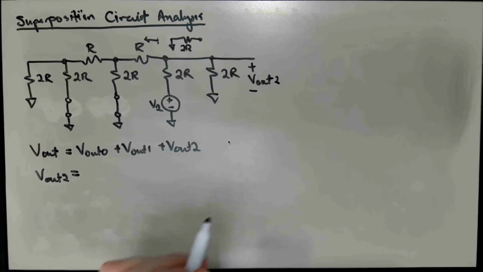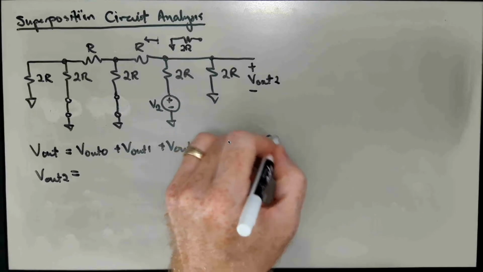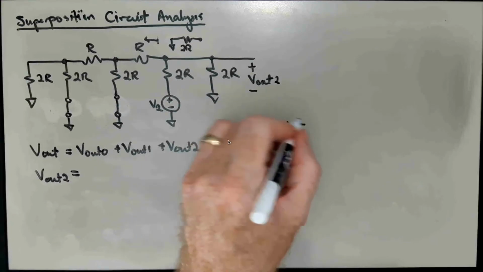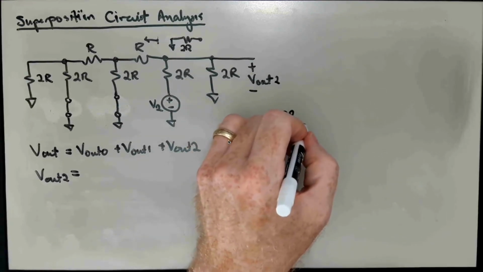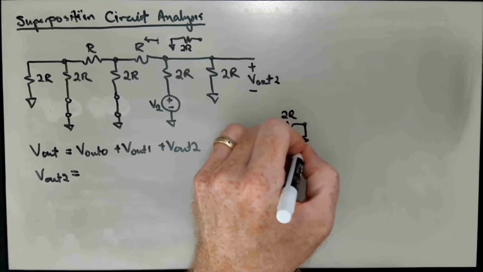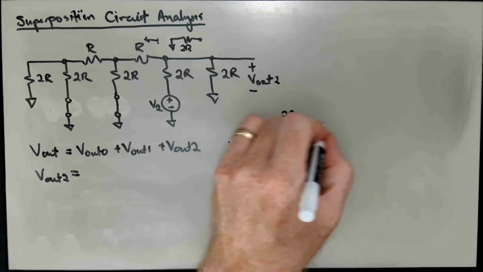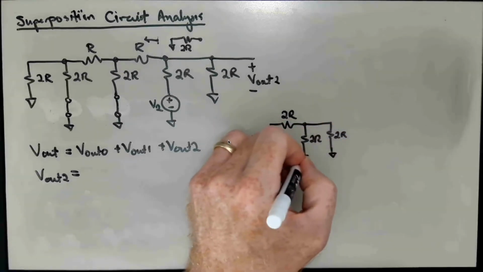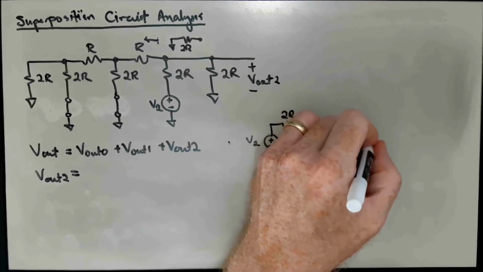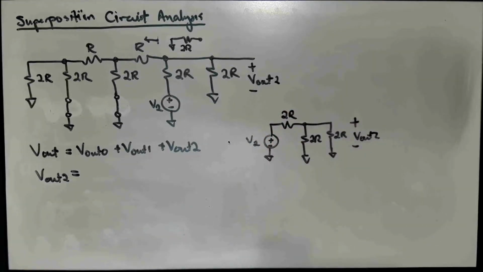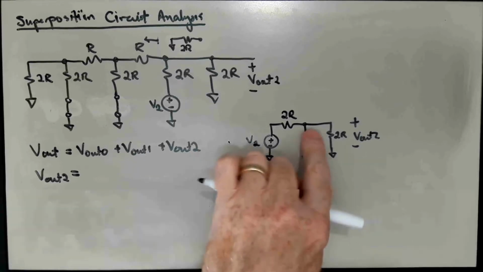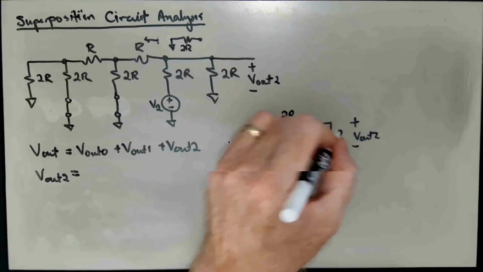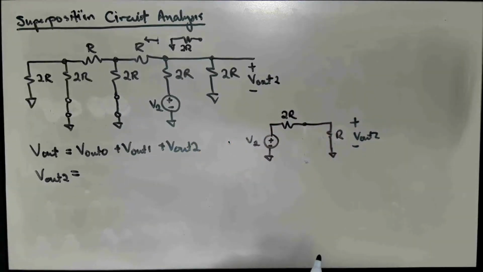And so the circuit really looks something like this. We have V2, 2R, and like I said, these are equivalent to a single resistor whose value is R. And so this is just a simple two-way voltage divider.